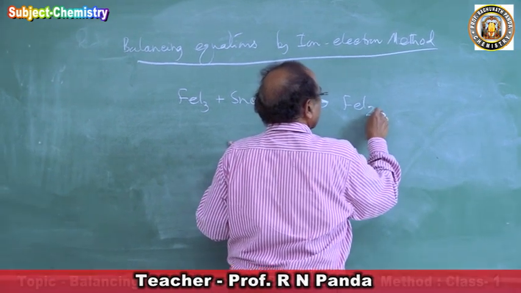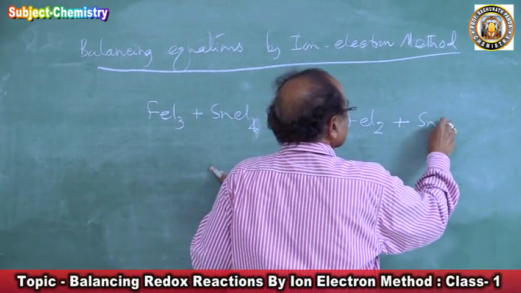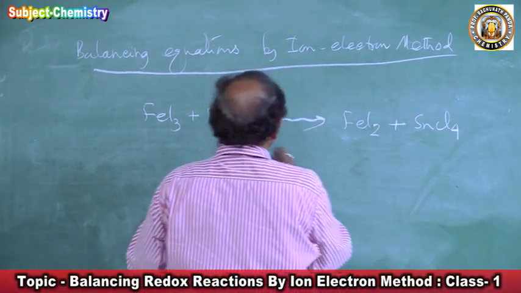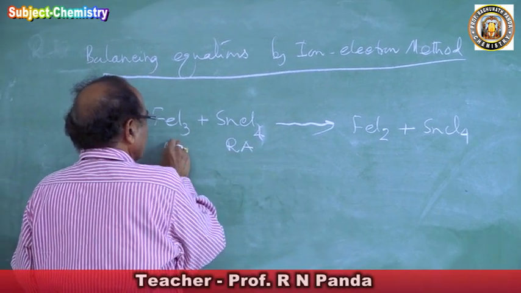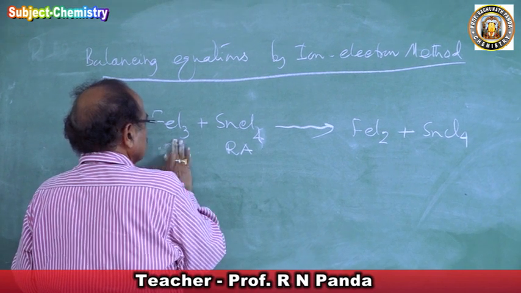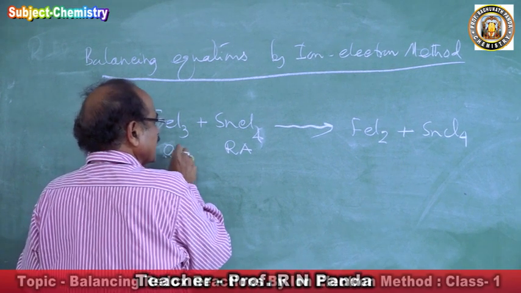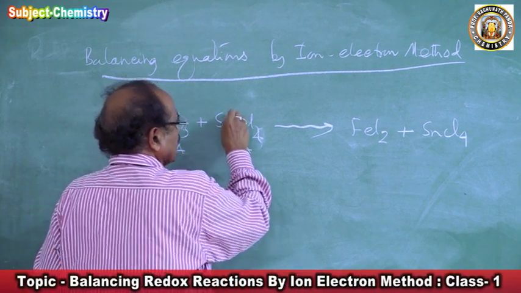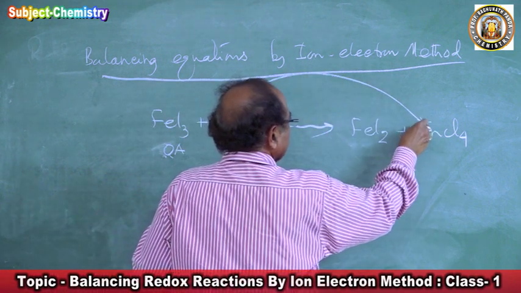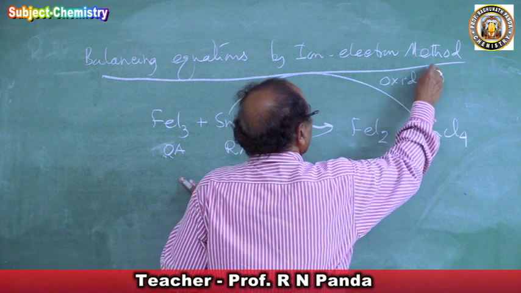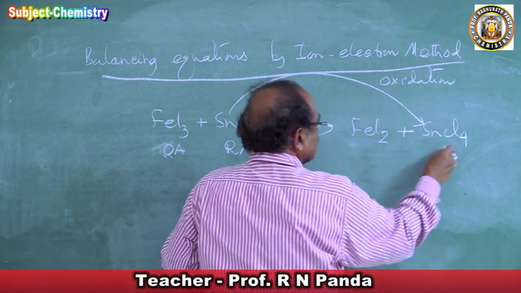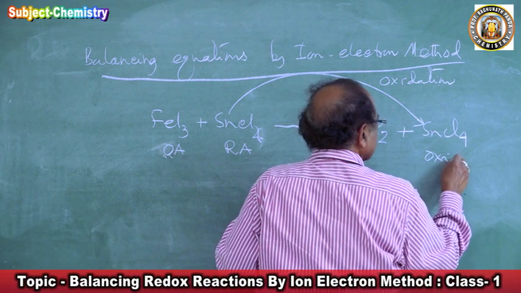Stannous chloride goes to ferrous chloride and gets oxidized to stannic chloride. So here stannous chloride is a reducing agent and ferric chloride will be an oxidizing agent to stannous chloride. Stannous chloride to stannic chloride is oxidation, so stannic chloride is the oxidized state.